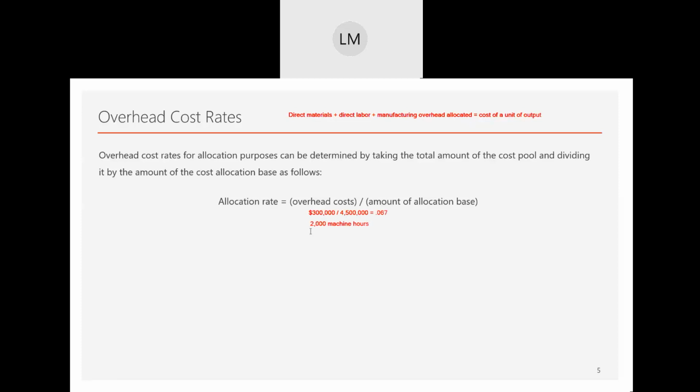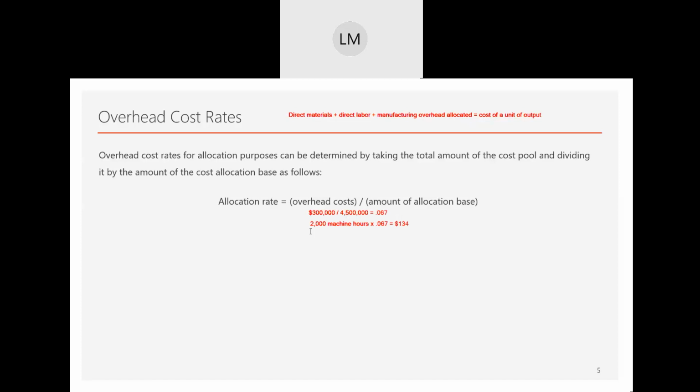Well, how much overhead am I going to assign? My 2,000 machine hours, since I'm using machine hours as my allocation base in my illustration here. So for the job that consumes 2,000 machine hours, I'm going to multiply that by 0.067, and I'm going to assign overhead costs of, let me calculate it out here, $134.